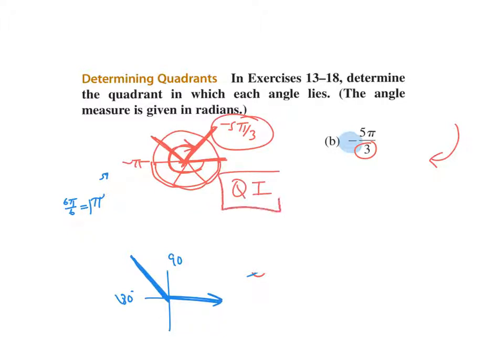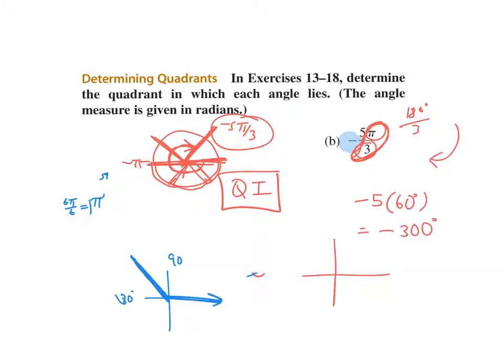So negative 5 pi over 3 would be right here, which would give me quadrant 1 as my answer. So at a certain point, you get really comfortable with it and you can start visualizing it without having to actually draw out these little slices. Again, the other way you can do this is pi is 180 degrees. So I think 180 degrees divided by 3, that's 60 degrees. So I do negative 5 times 60 degrees, giving me negative 300 degrees.